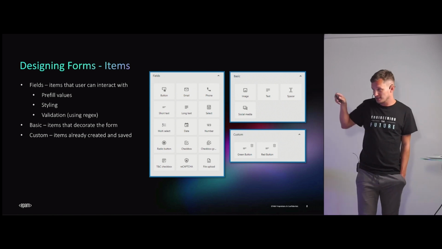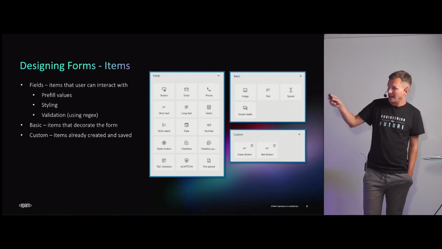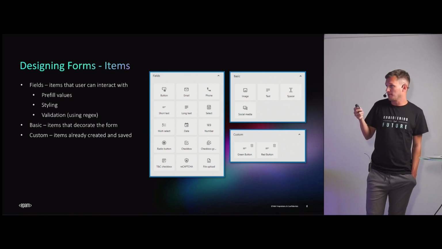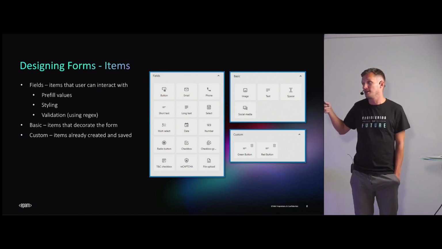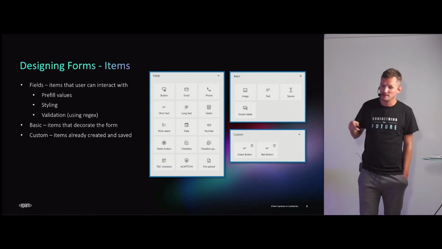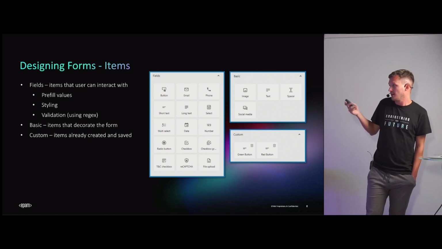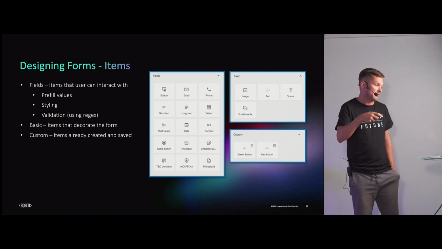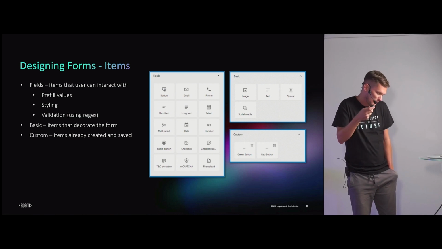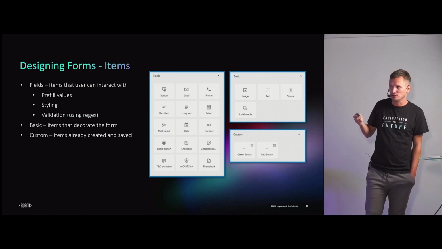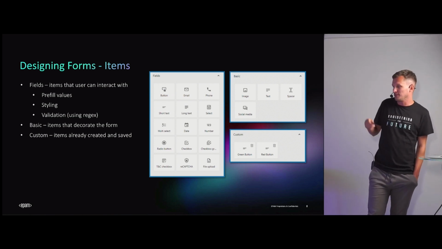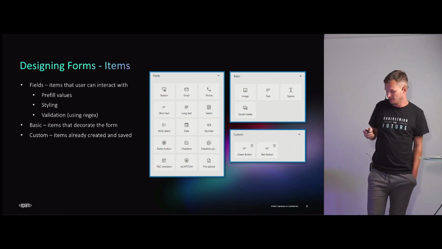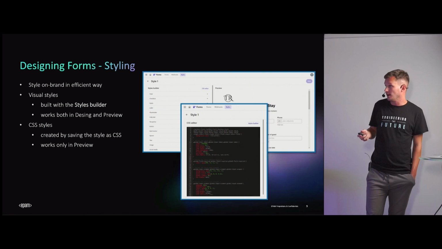These are the items that you create using this editor, but you want to reuse them later or in different forms, so you can just save them. So custom doesn't mean that we can create them from the code perspective. It's just the fields that we style, add validation to, and then want to reuse later.